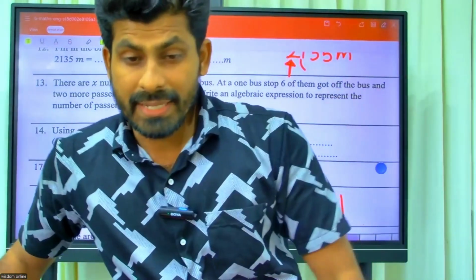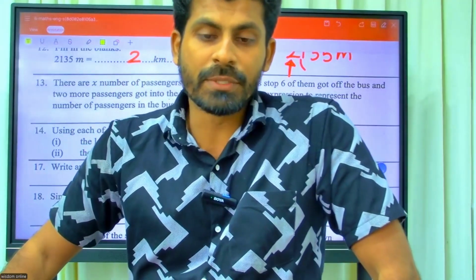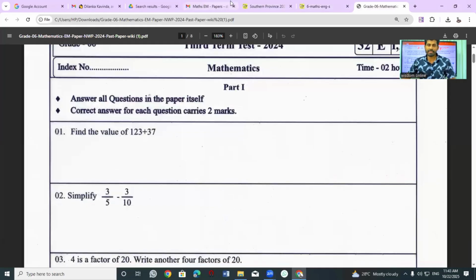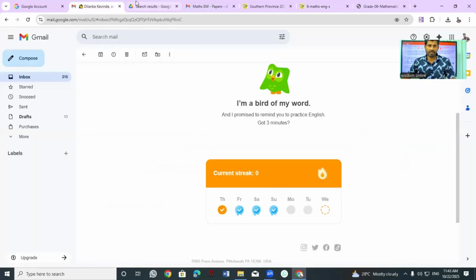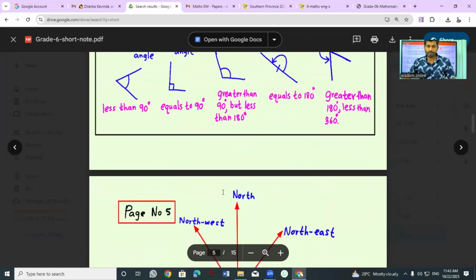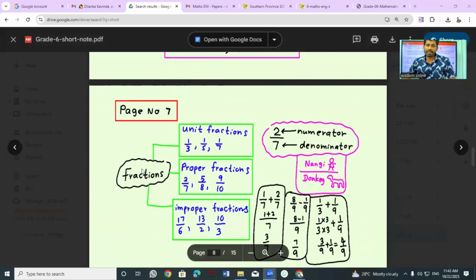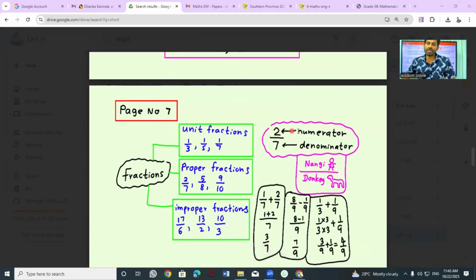Let's quickly recall the fraction short note. The upper part is known as the numerator, the lower part is known as the denominator.